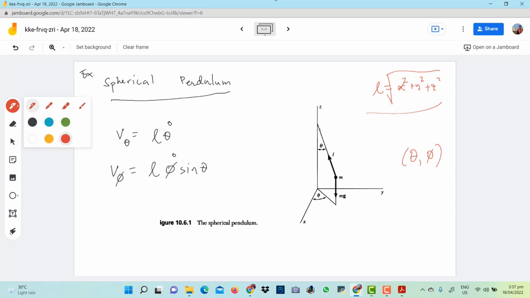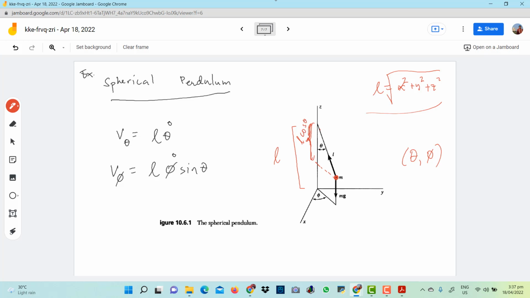As you can see here, your mass m is located here. What will be the height of this mass m from the ground? If this is L, then this one is L cosine of theta.